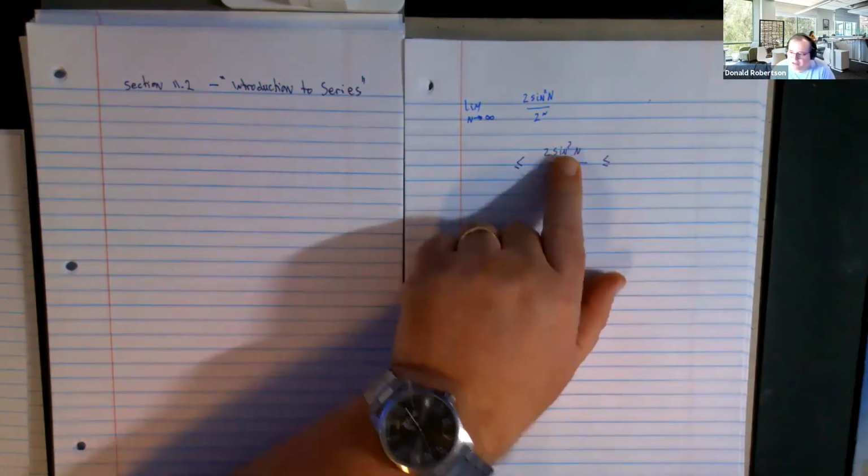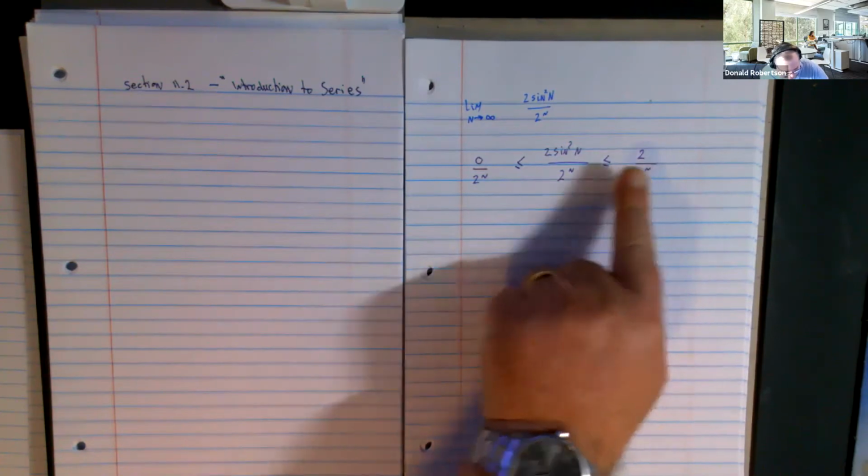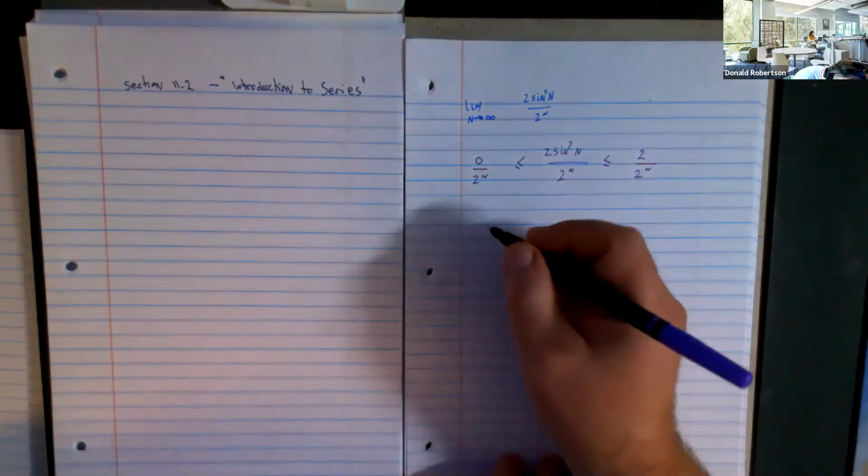So when you square it, won't the smallest value be 0? Right, because -1 squared becomes +1. So I know on this side, it's that. And on this side, the biggest it can be is 1. So I know that this always takes values between this number and that number. Well, that's 0.